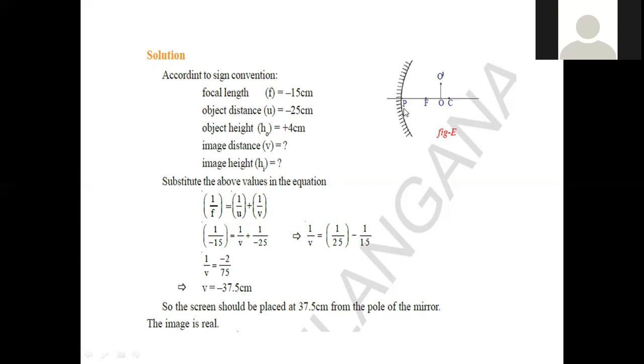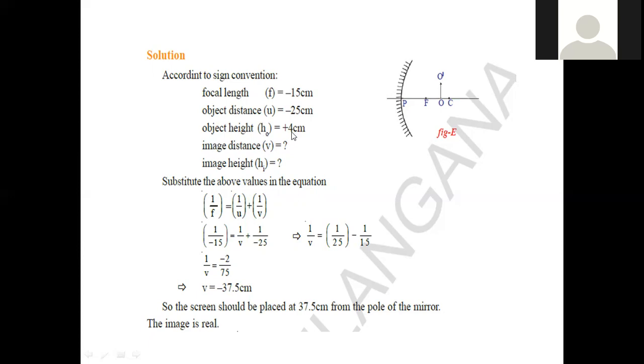Moving from the pole to the object is taken with a negative sign, while moving from the object to the pole would be positive. So the focal length is minus 15 centimeters and the object distance is minus 25 centimeters.